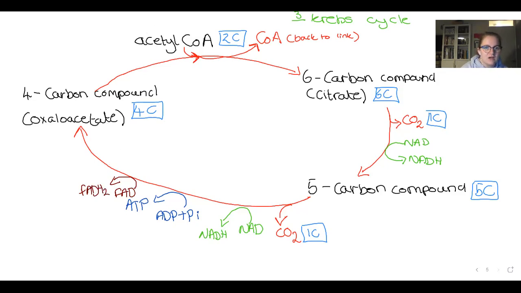And then dehydrogenation occurs again, and this is going to be NAD accepting it, becoming reduced NAD. So this, remember, I'm going to just highlight that, is substrate level phosphorylation.